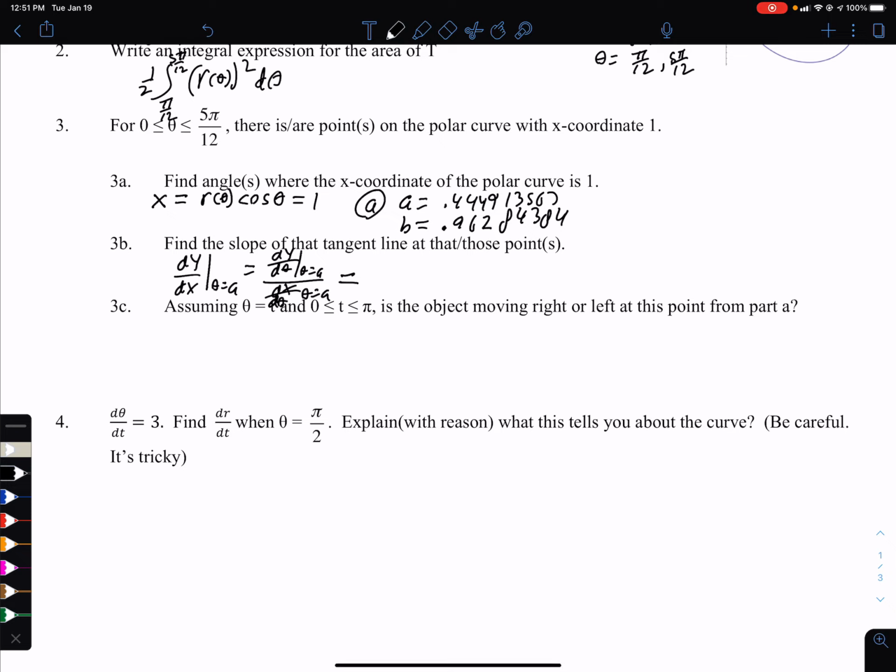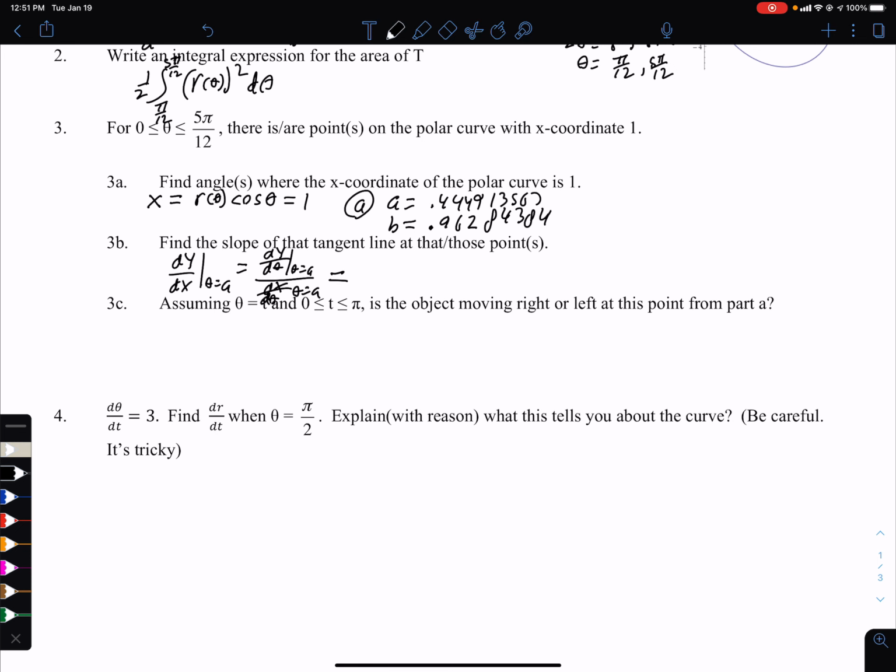Well, here's the problem. I'm allowed to take the derivatives on my calculator. I can do dx/d theta, but dy/d theta, I don't even know what y is. You need to tell the grader how you find y. So at some point you need to say y is r sine theta. Now I'm allowed to pop that in my calculator.